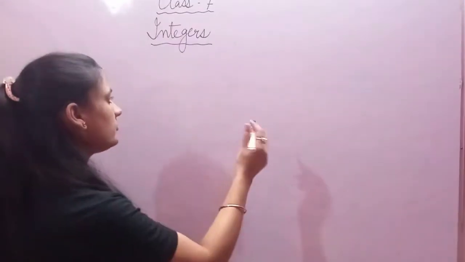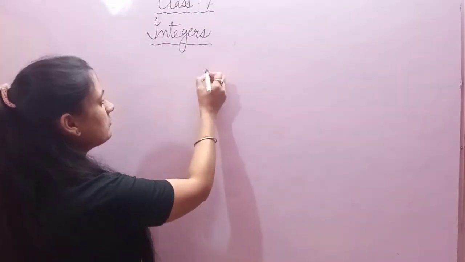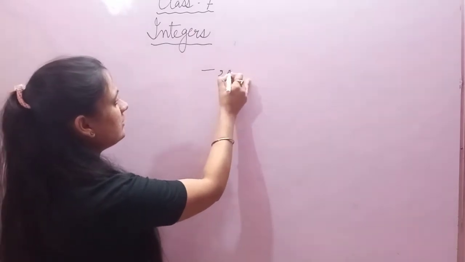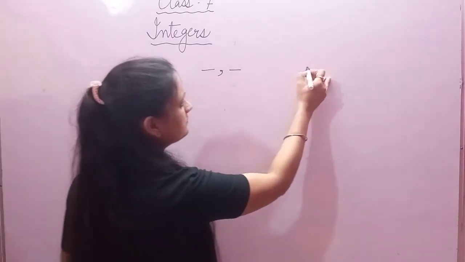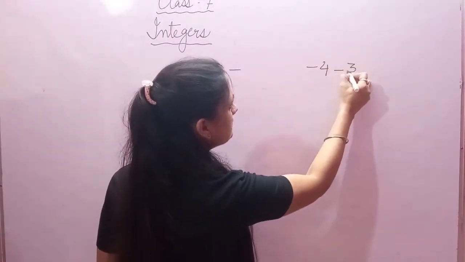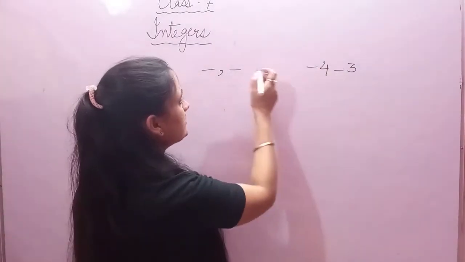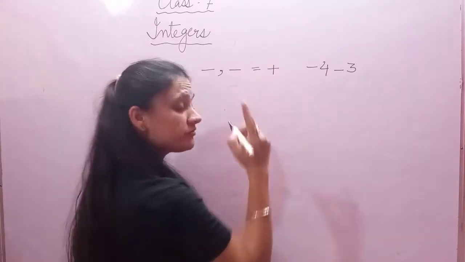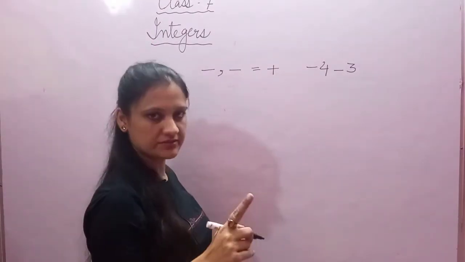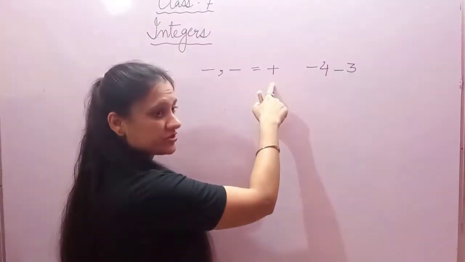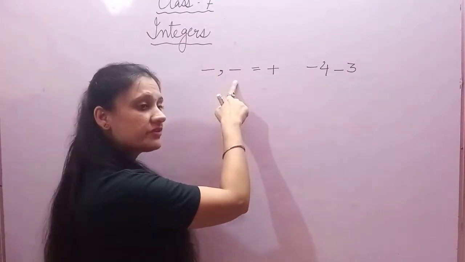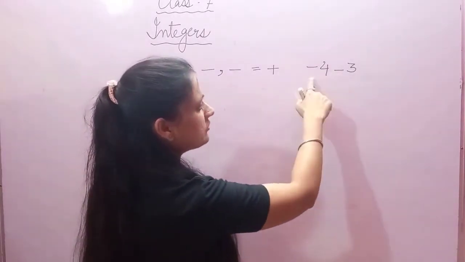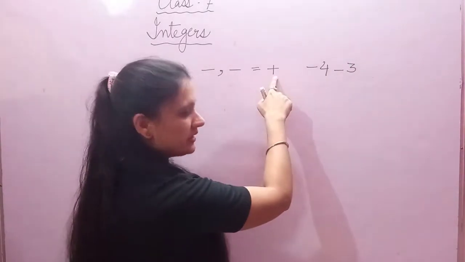Always remember, if both the numbers are negative, for example minus 4 and minus 3, minus minus gives us plus. That is the operation, and these are both negative integers. It means minus minus is plus.